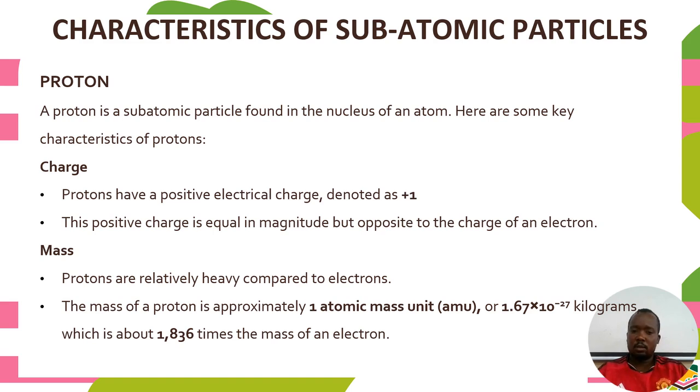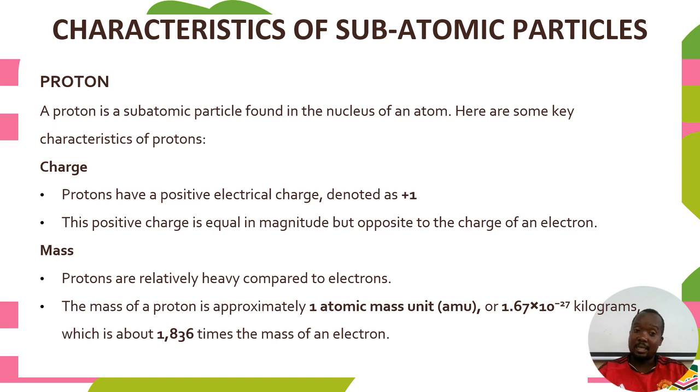On the same proton, we are going to look at the mass of a proton. So protons are relatively heavy compared to electrons. In fact, the mass of a proton is approximately 1 atomic mass unit, or 1.67 times 10 to the power minus 27 kilograms, which is about 1,836 times the mass of an electron.